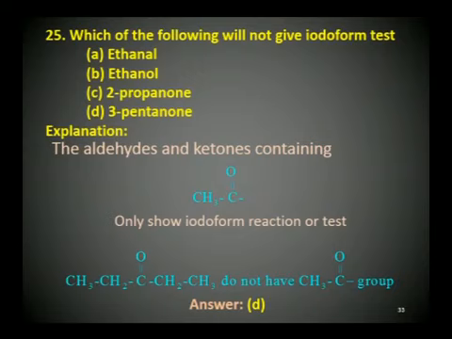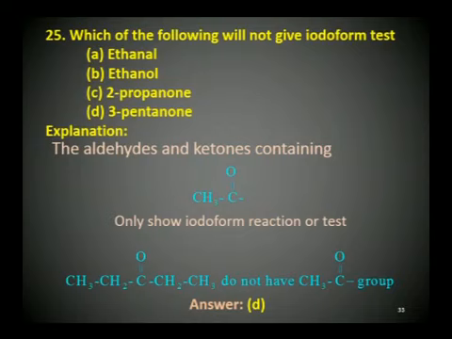Ethanol, when it is oxidized, produces acetaldehyde. Acetaldehyde has CH3CO group, which shows iodoform reaction. So, even ethanol shows iodoform reaction because ethanol will be converted into acetaldehyde, which has CH3CO group.